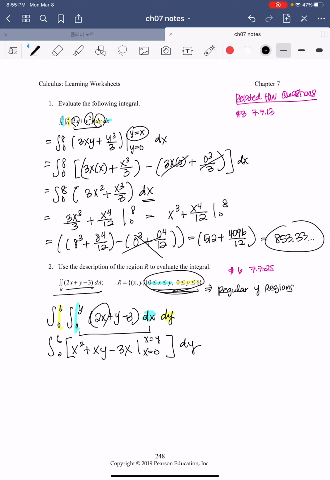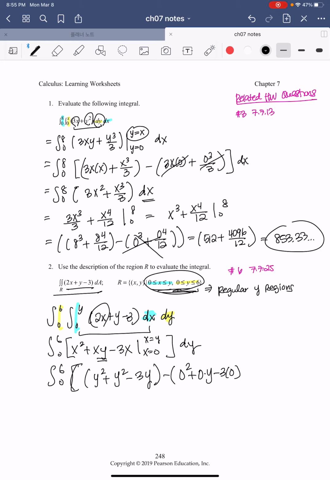Okay, let's evaluate. So 0 to 6. So I have y squared plus y squared again, right? Y times y minus 3y. The second one is 0 squared plus 0 times y minus 3 times 0.